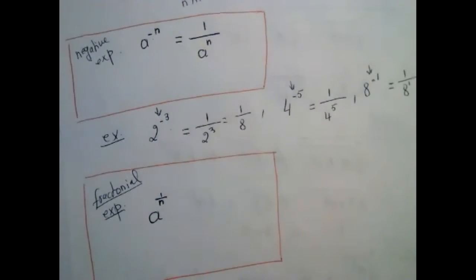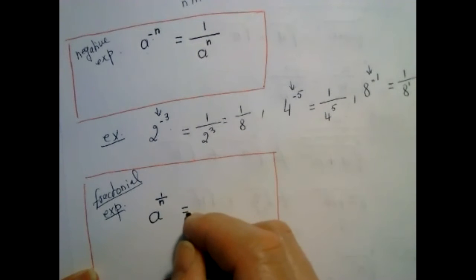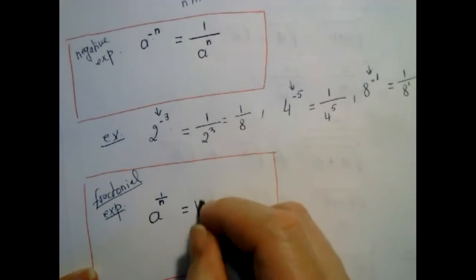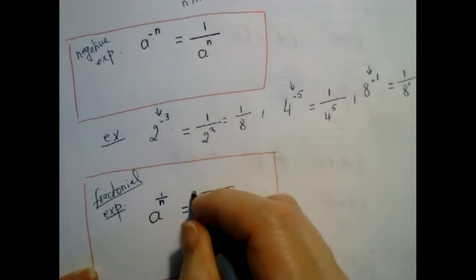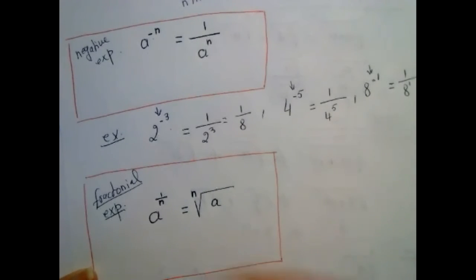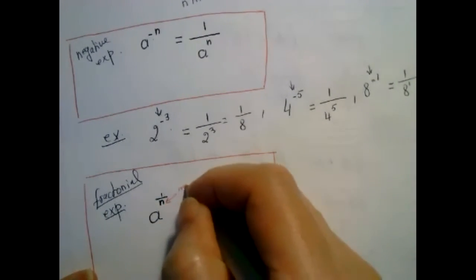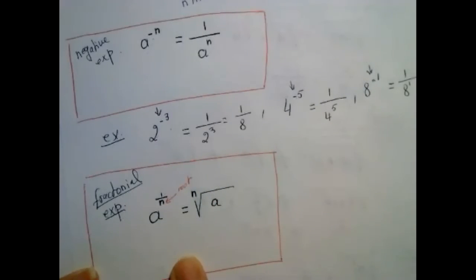It's not negative n, it's not -2, it's a fraction, 1 over n. What does this mean? This means the nth root of a. The denominator here is the root. So when you have 1 over n, this n is the root.